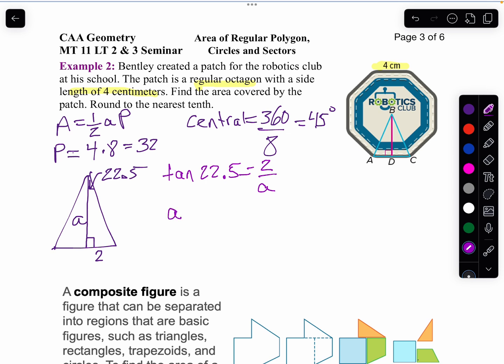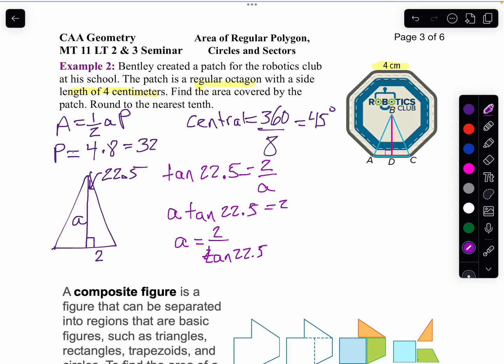A times the tangent of 22.5 equals 2. Then I'll divide by the tangent of 22.5. So A is 2 divided by the tangent of 22.5.